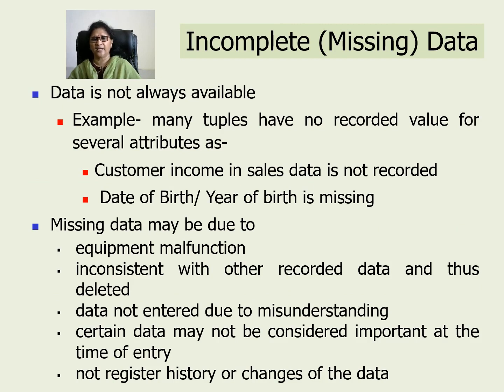Data in which the values are missing is also referred to as incomplete data. When complete data is not always available, that also we refer to as incomplete data. Examples we learned. One more example is customer income is not recorded. People do not mention how much salary they are getting.